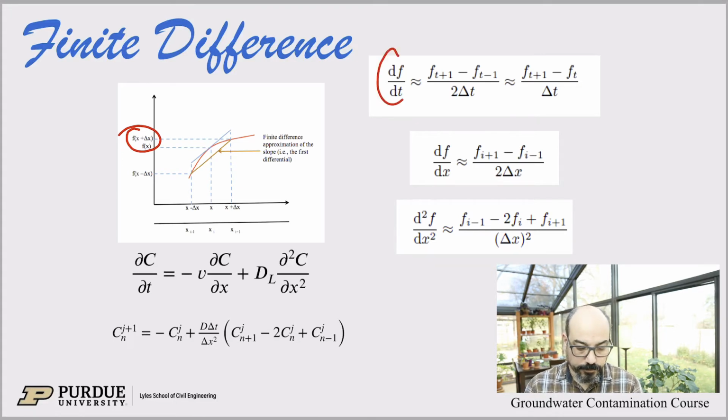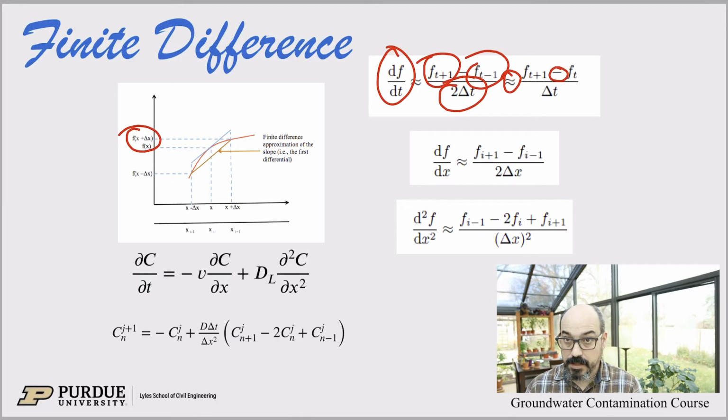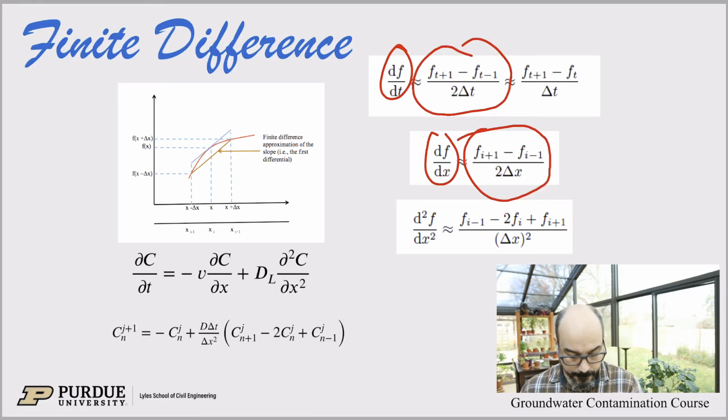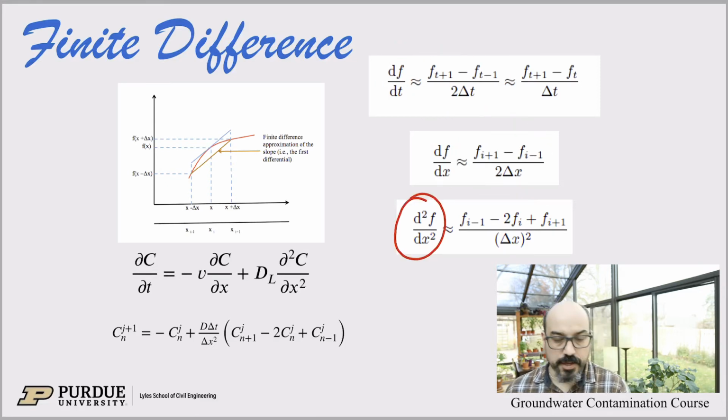So again, df dt here is f at t plus 1 minus f at t minus 1 over 2 delta t, which we can approximate as f at t plus 1 minus f at t, because sometimes we don't know t minus 1 when we start, divided by delta t. It's exactly the same thing as the one below here. We just call it t or x or whatever we want at the bottom. And then the second differential can be approximated here.